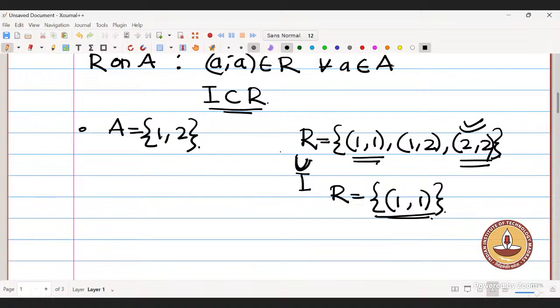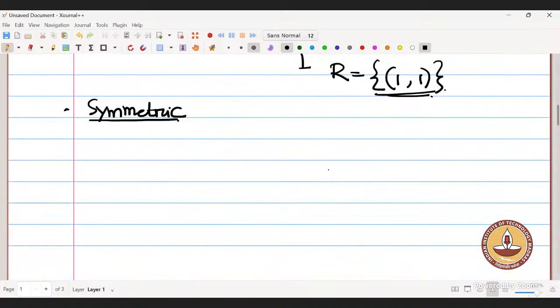And the next one is symmetry. When you say a relation is symmetric, when A is related to B, then B should be related to A. Correct.